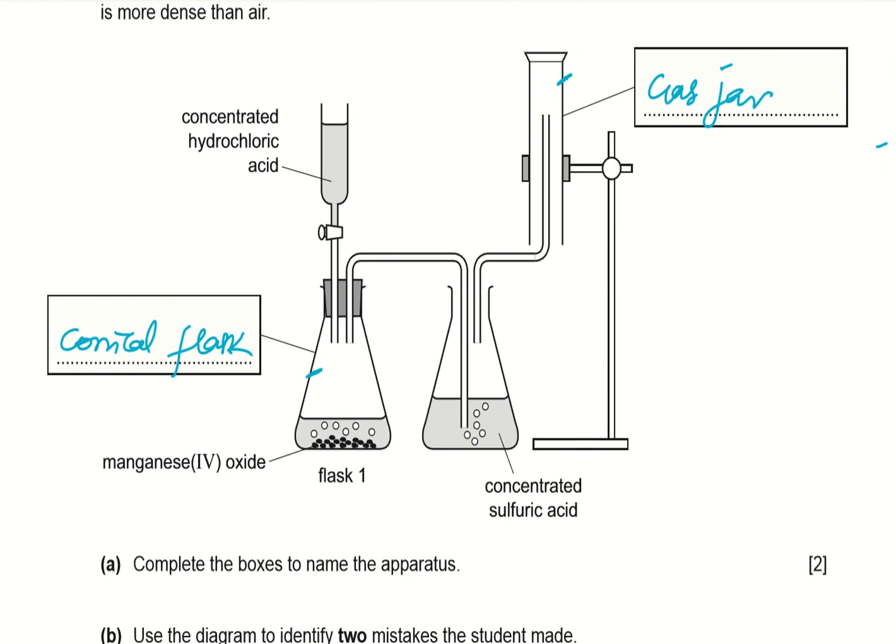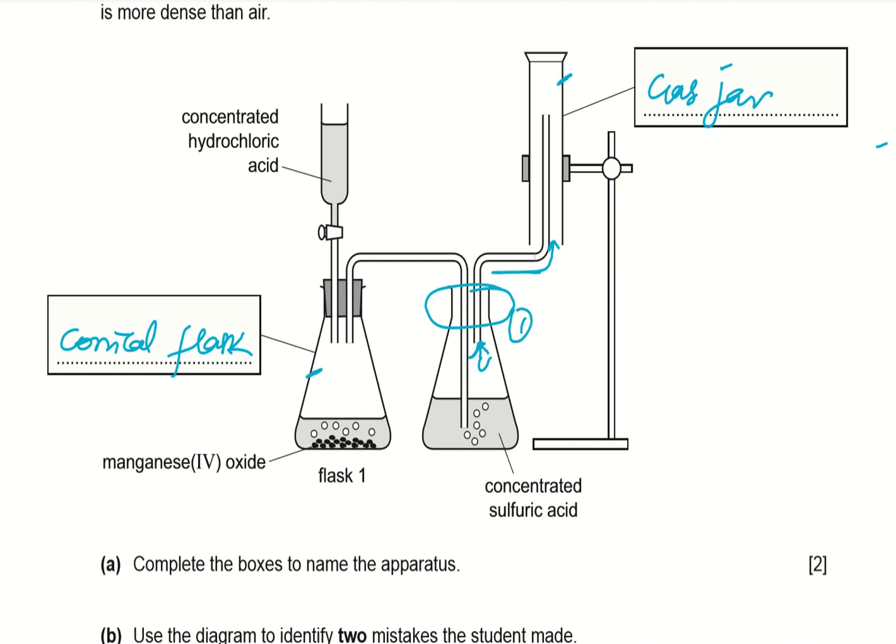Okay, so studying this setup, if this setup is used to produce a gas, and this particular conical flask, that is the last flask from which the gas will enter into this tube to go upward, needs to be covered. This conical flask is not covered, so that is error 1.